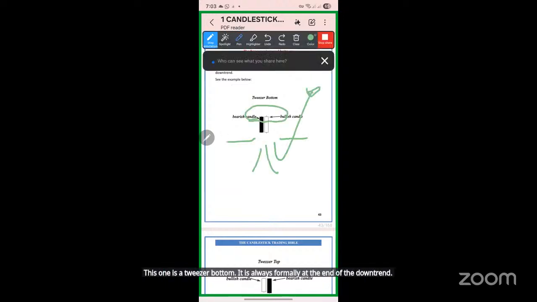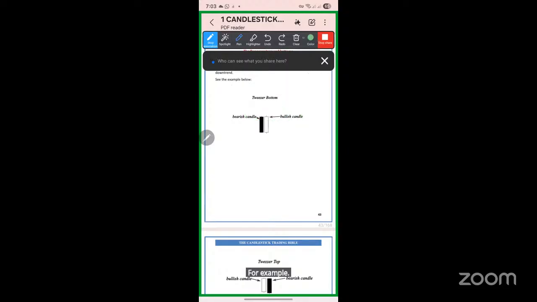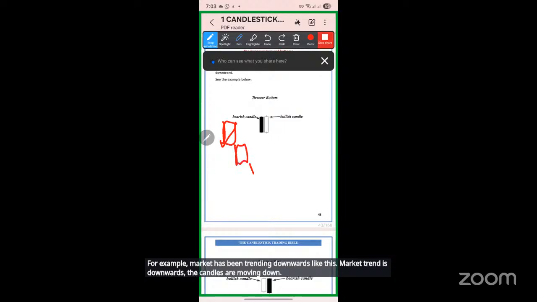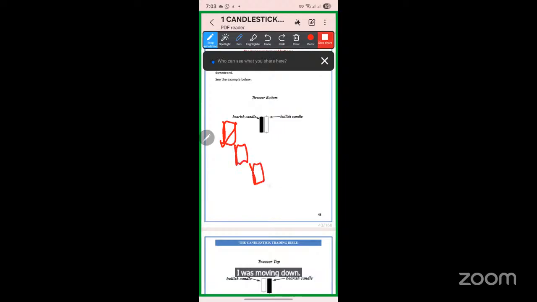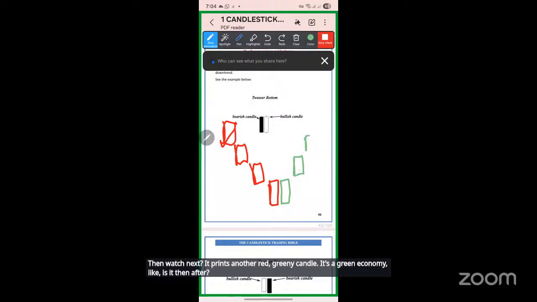For example, the market has been trending downwards like this. The candles are moving down. Then here it forms like this, then it prints another green candle like this, and then it forms this.